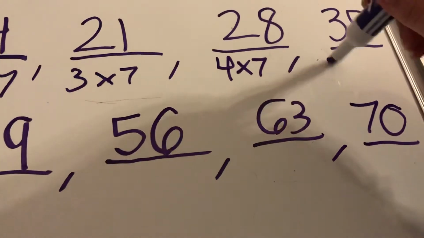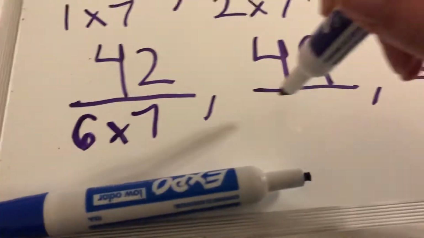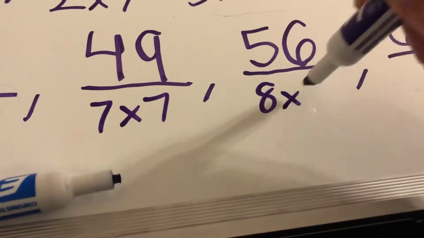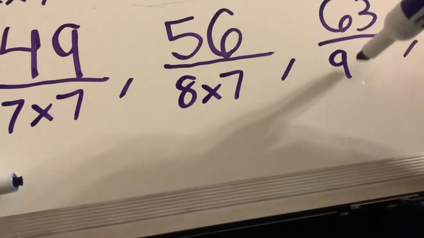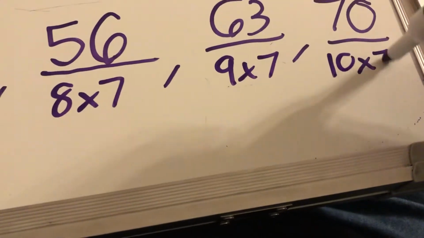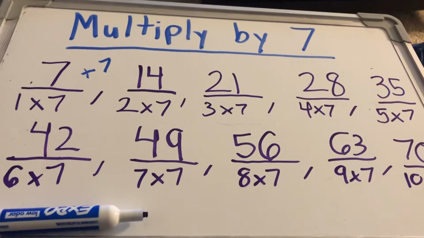When we count by 7, we add 7. Perfect. All right, so we're looking pretty good here.